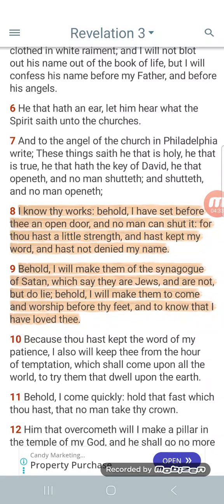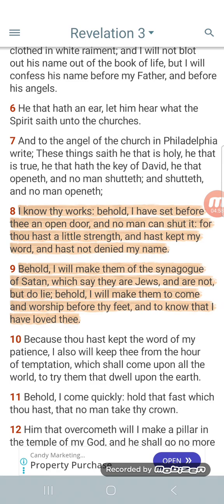This is the book of Revelation, chapter 3, verse 9. It says here, Behold, I will make them of the synagogue of Satan, which say they are Jews and are not, but do lie. Behold, I will make them to come and worship before thy feet, and to know that I have loved thee.